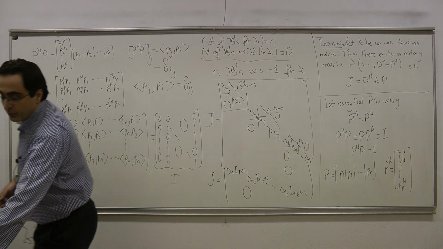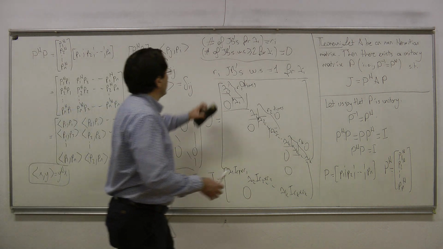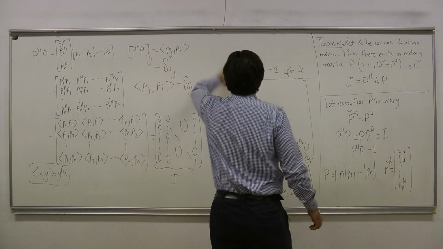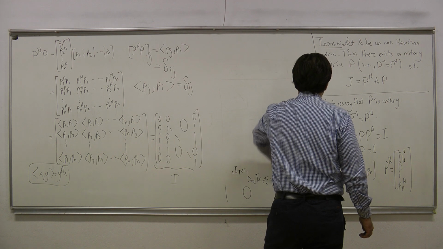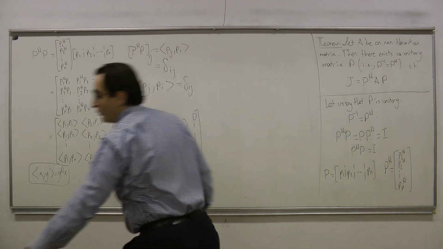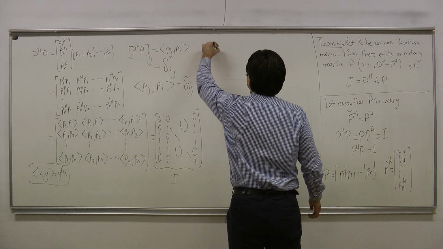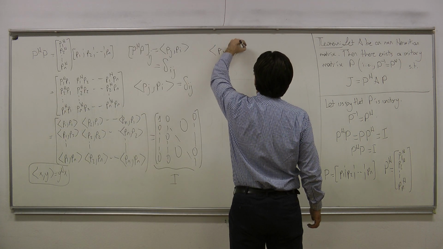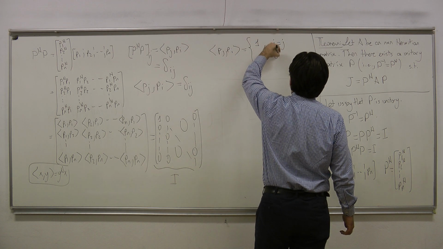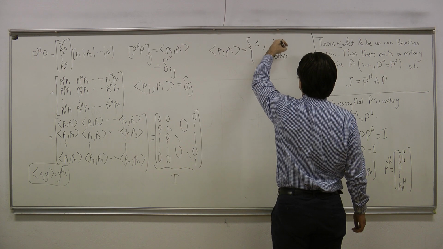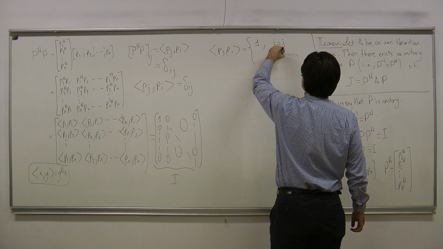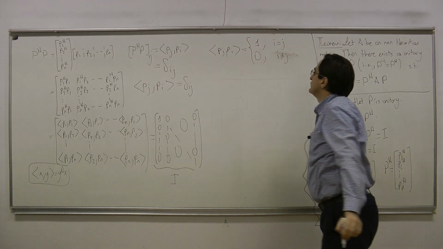So let me try to write this in a clearer way. I see here that this Pj, Pi is equal to 1 when i is equal to j, and when i is not equal to j, it's going to be 0.